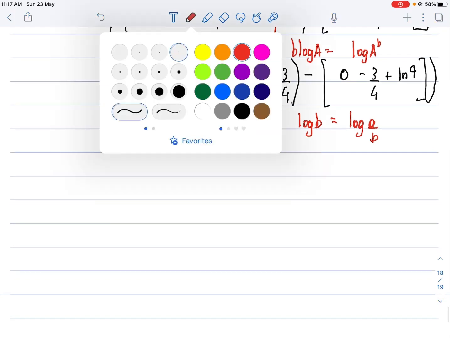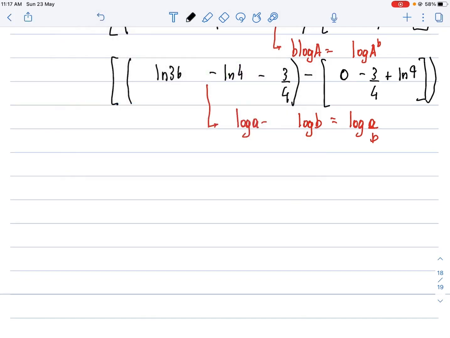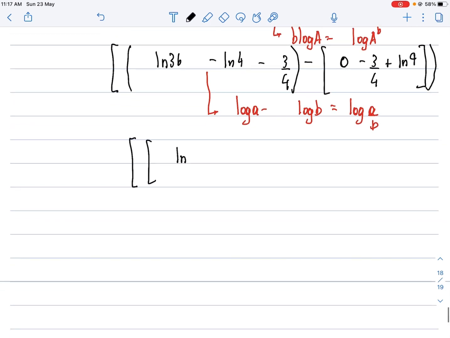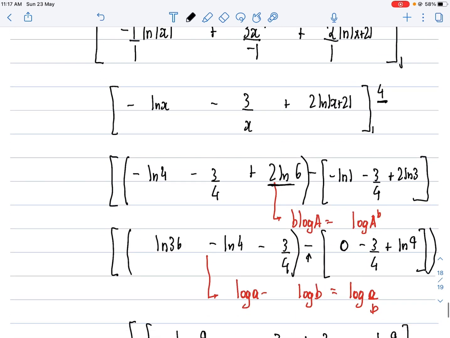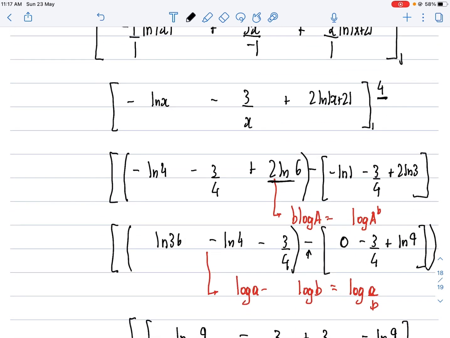So I can now write this as ln 36 over 9 over 4, which gives me ln 9, minus 3 over 4 plus 3 over 4, because when the minus goes inside, minus ln 9. Agreed? Got it? So now let me check if what we've done is correct till now.